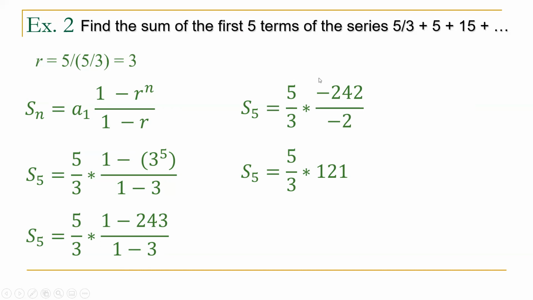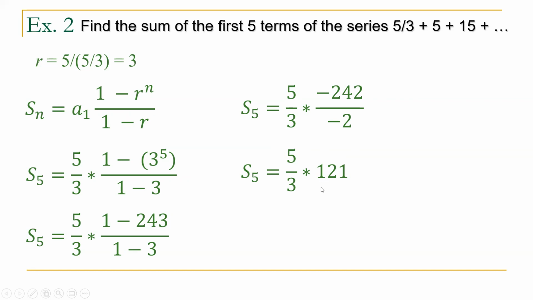Bakit naging positive? Because they are both negative. They have the same sign. So, magiging positive na siya. And then, after that, you will just multiply 5 over 3 times 121. So, kung ilalagay niyo siya sa calculator, mas madali niyo siyang makukompute. Pero kung mano-mano, you will just multiply 121 times 5, itong nasa numerator.